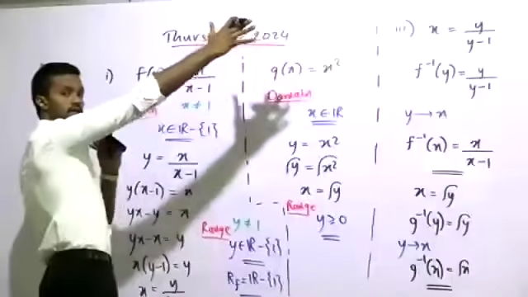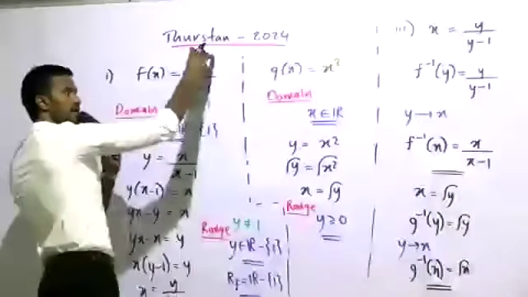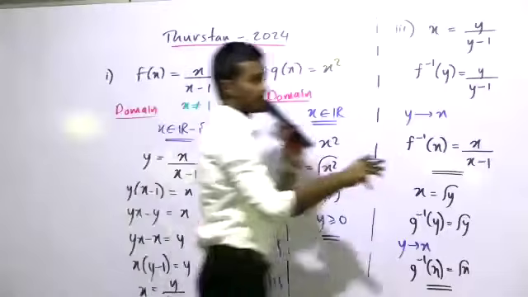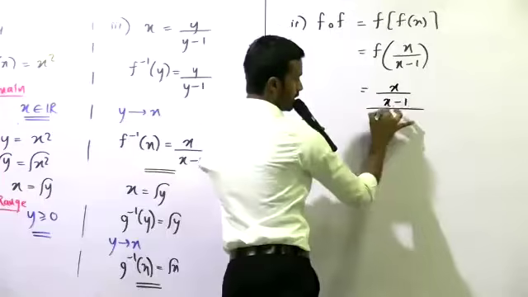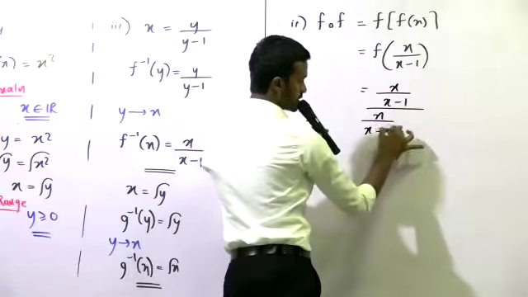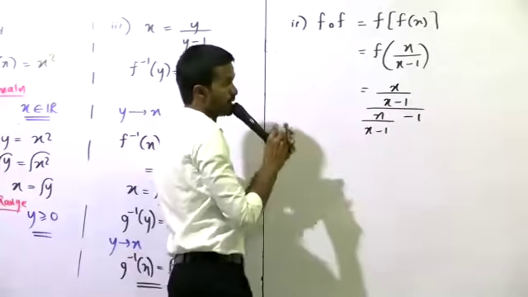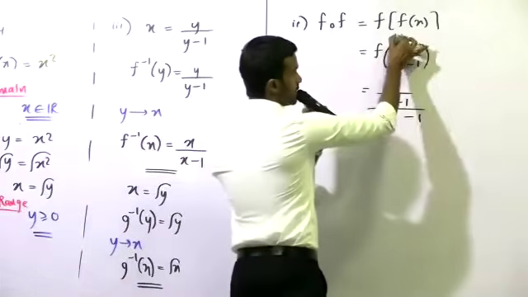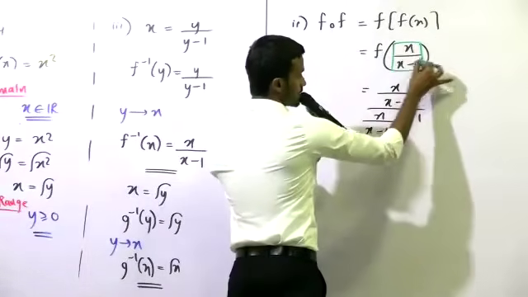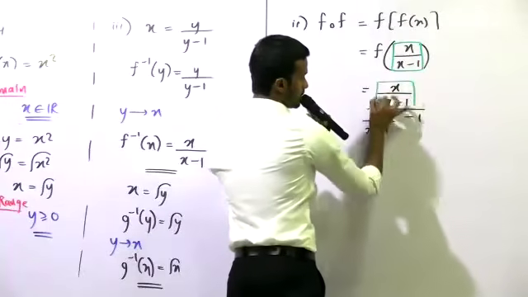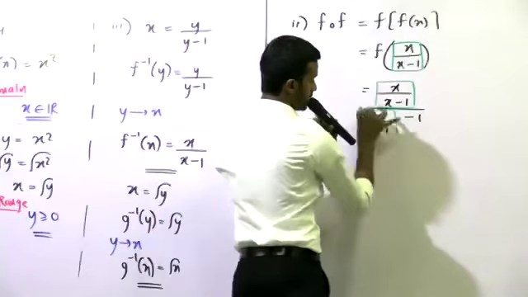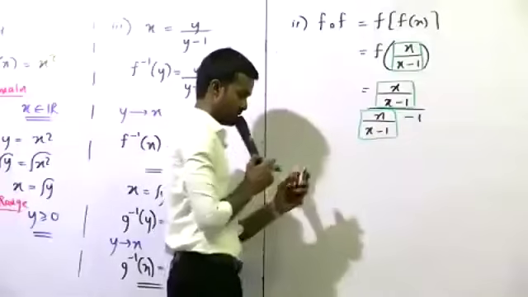So what is this? x over x minus 1, over x over x minus 1, minus 1. So here it's clear. What has happened here? This entire one inside f(x) has been replaced here and even replaced here.